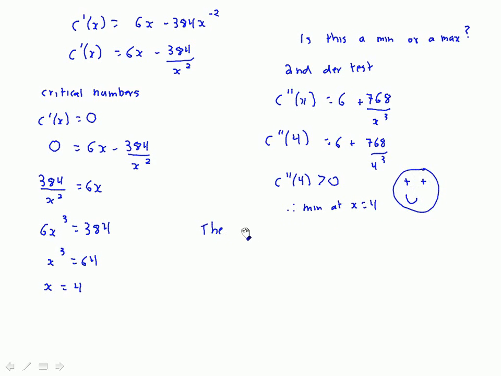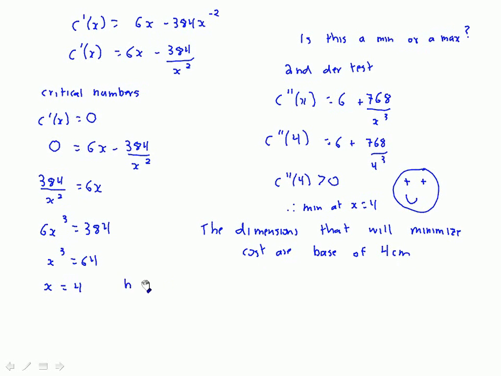So the dimensions, or I'll answer the question this time, the dimensions that will minimize cost are, well, base of 4 centimeters, and we better get the height.